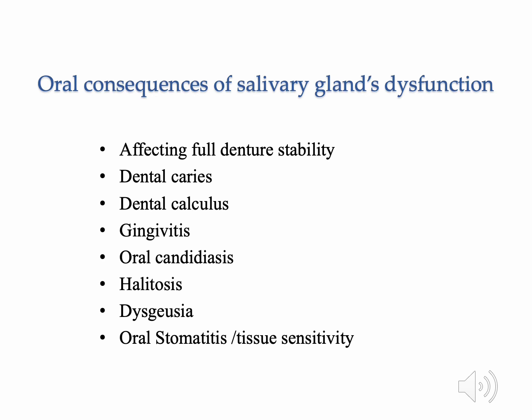It can lead to dental caries, development of dental calculus, and thus increased periodontal disease, gingivitis, increased levels of candidiasis or yeast in the mouth, bad breath, so halitosis, dysgeusia, so altered taste, as well as tissue sensitivity. So if we've lost that nice mucin barrier to make our tissues slippery, it can cause some real sensitization of the tissue surfaces.